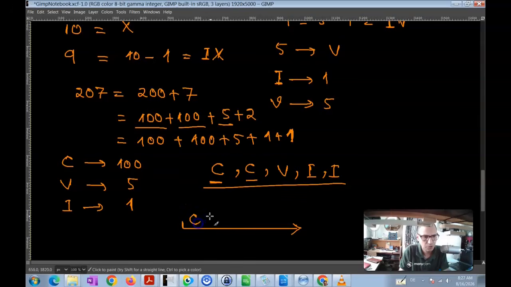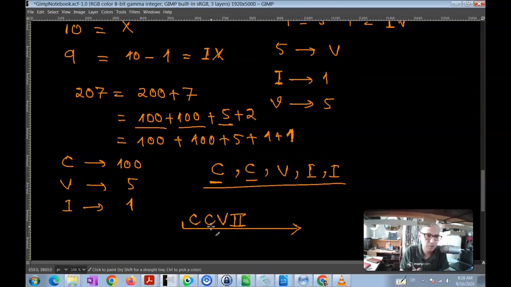So I put 100 over here and another 100 over here, so 100 plus 100 becomes 200. And we wanted to write 207. So I put the 5 over here, which is still the largest value symbol that I have. And then I put the two 1's over here, which means it becomes a C, a C, a V, and two I's.